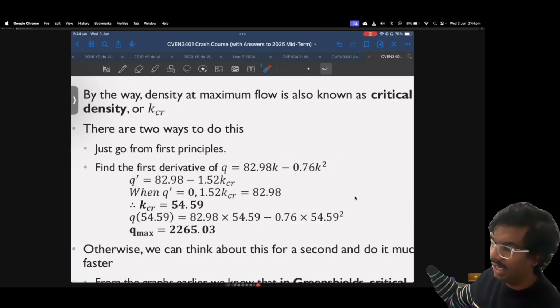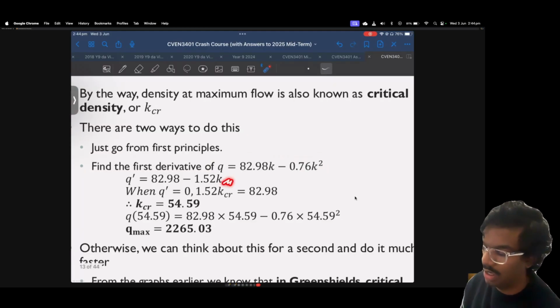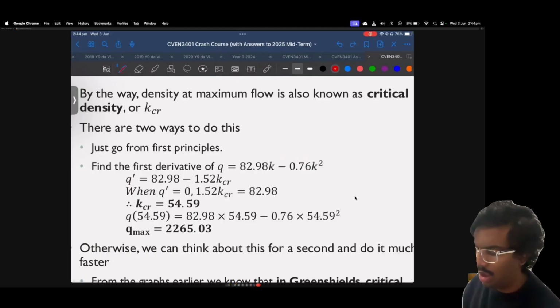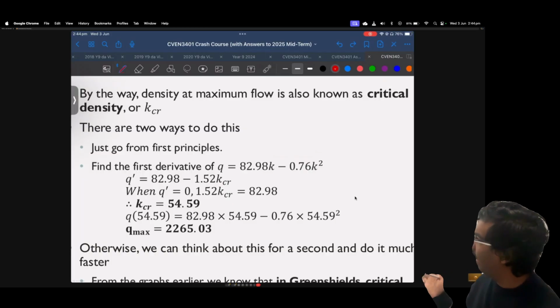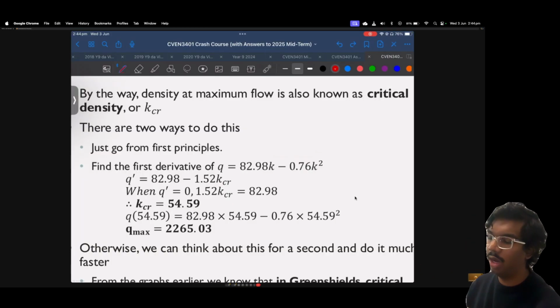Okay, I've put in KCR because, well, actually it should just be K. I haven't made it 0. If this was 0, then it would be KCR, okay? So when Q dash equals 0, 1.52 KCR equals 82.98. So that means that KCR is equal to 54.59. Or to put it simply, when you have 54.59 cars per kilometer, you will have maximum flow.